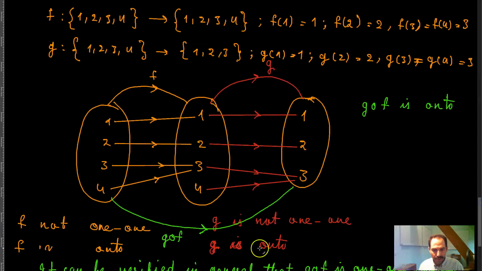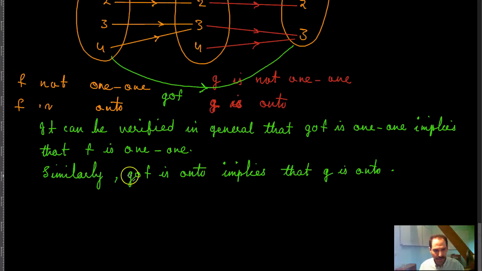And you saw that over here we have two functions f and g, and depending on those two functions, in this particular case, of course, g∘f is defined and it exists, and g∘f happens to be onto, right? g∘f does happen to be onto, and that implies that g is onto, and that's what we are saying over here. Similarly, g∘f is onto implies that g is onto.